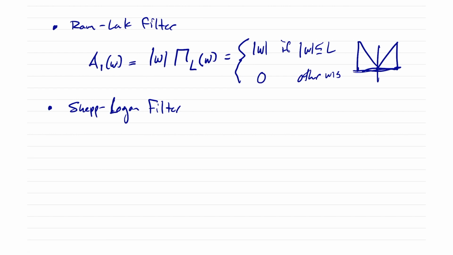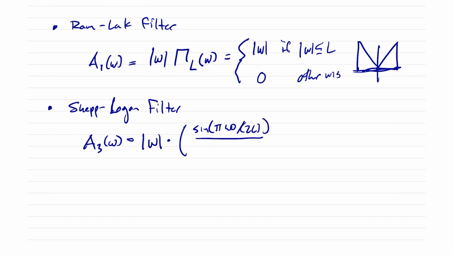And so this one, denoted by A3 in the book, is equal to the absolute value of omega times sine of pi omega divided by 2L, divided by pi omega over 2L, times the window, the square wave.